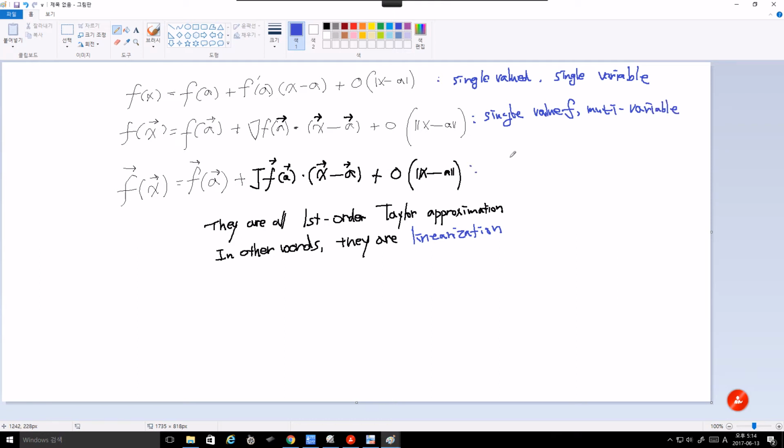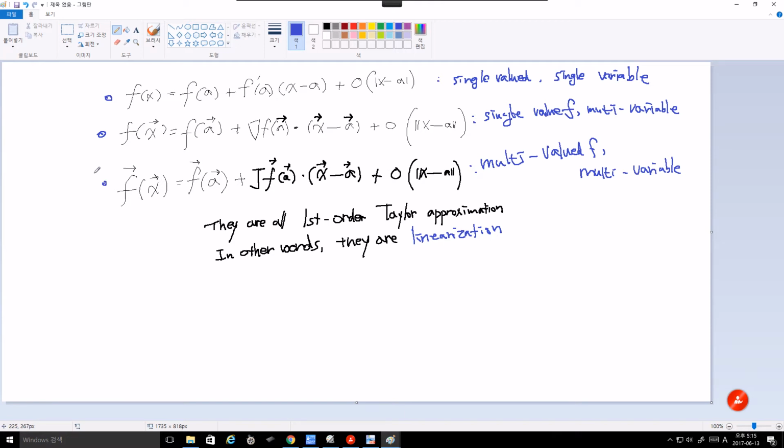Now the third one is multi-valued f, and then multivariable. Okay, so this one: single valued and single variable, single valued multiple variable, and then multi-valued multiple variable function f.